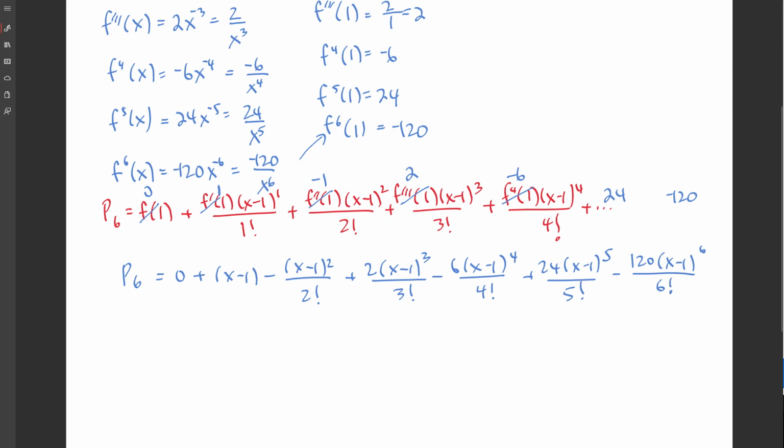And we can look at this and see that there's some more things that we could factor out. First of all, this 0 here doesn't need to be here. 0 plus doesn't have any effect on the Taylor series.